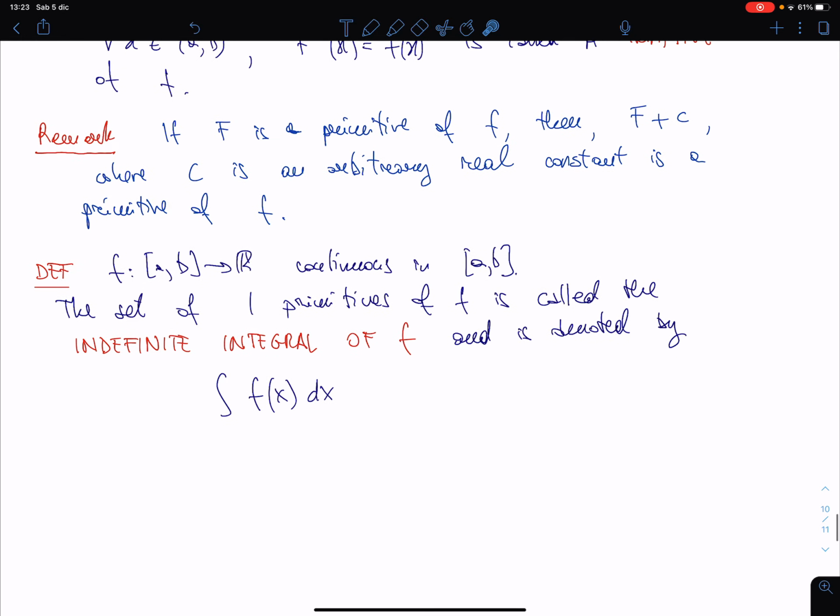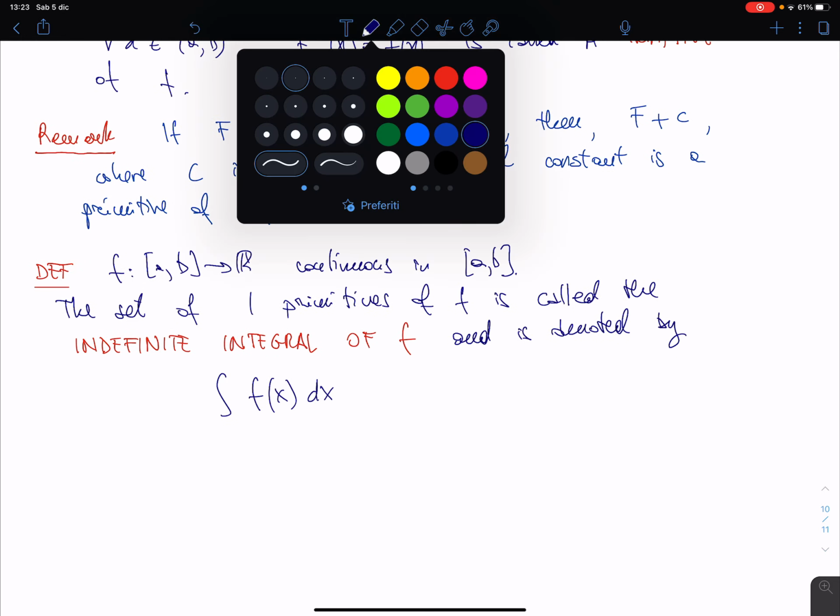And so again, first remark, the indefinite integral is not a function, it's a set of functions, okay? Remember that. Of course, it is not a number.